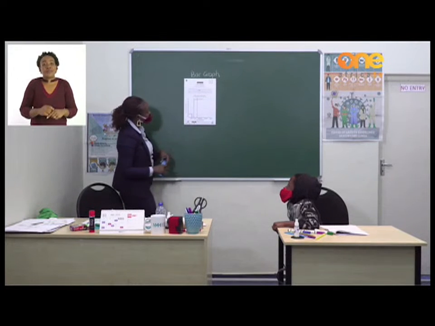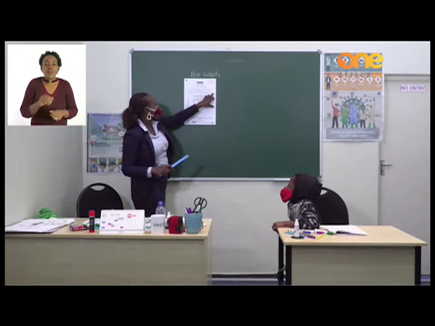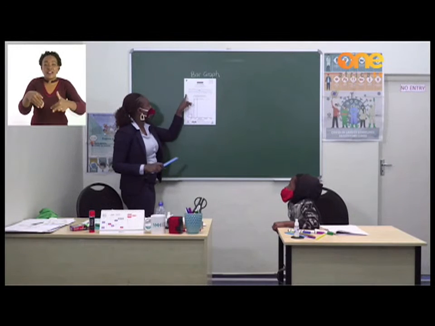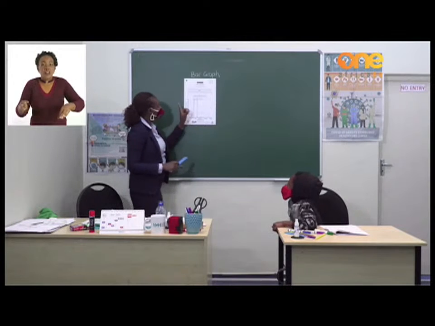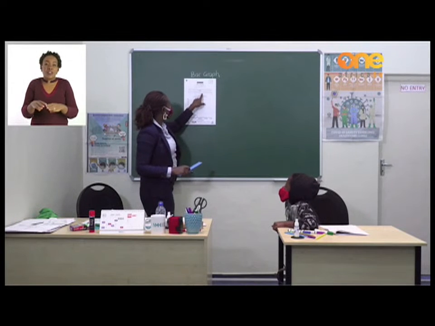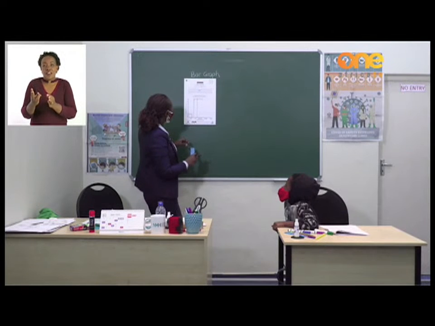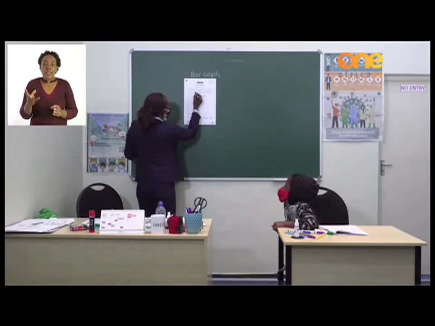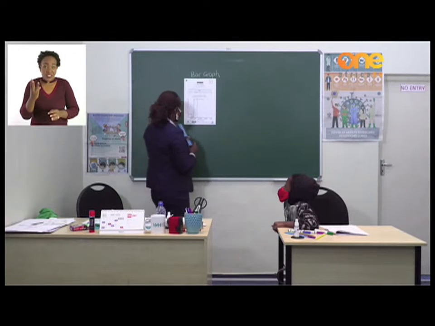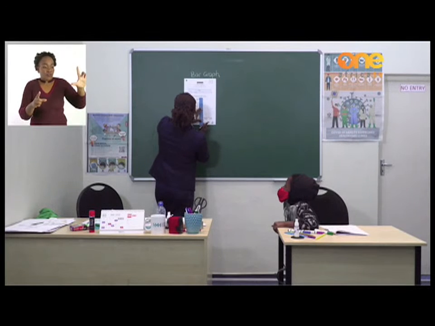When we reach the coastal town at Walvis Bay, I saw 3 boats anchored at the harbor. How many boats? 3 boats. Okay, we go to boats.